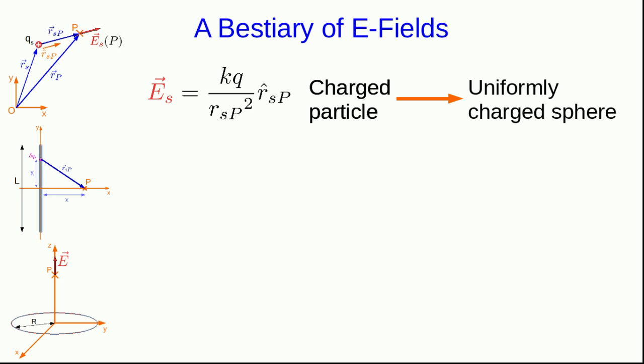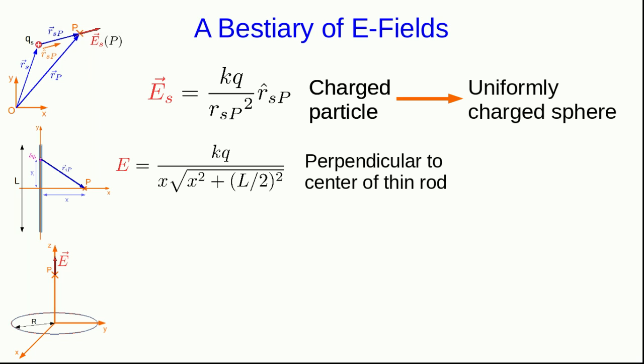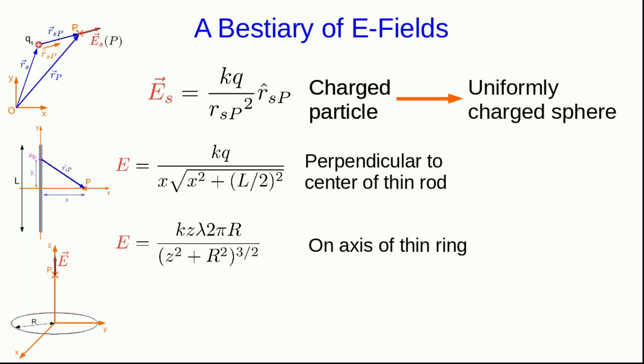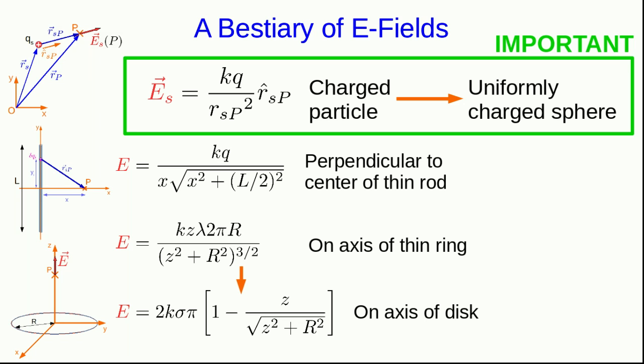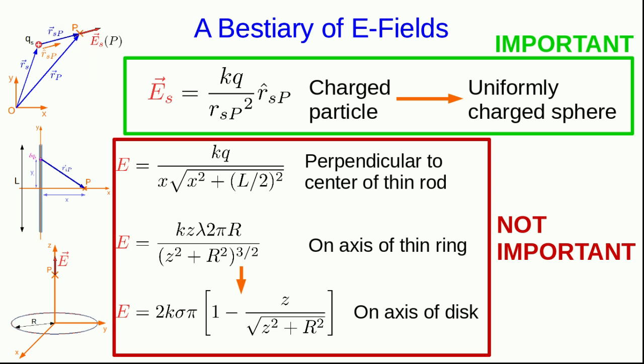But then we got a variety of other expressions for various objects. We got the E-field for a line of charge, and the E-field due to a thin ring, and the E-field due to a disk. Now, while the charged particle expression is important and foundational, these other ones are not important.